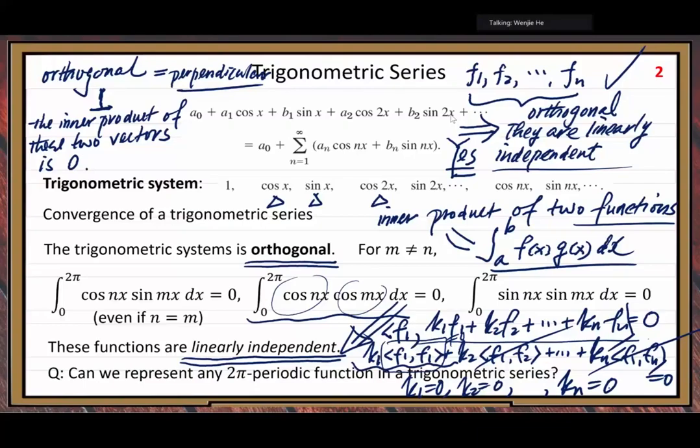Because for the Wronskian, you need to calculate the first derivative, second derivative. How do you know these functions are differentiable?